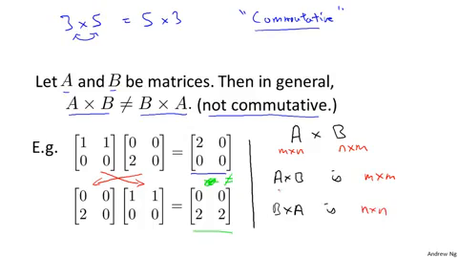So the dimensions don't even match. A times B and B times A may not even be the same dimension. In the example on the left, I had all 2 by 2 matrices, so the dimensions were the same, but in general, reversing the order of the matrices can even change the dimension of the outcome. So matrix multiplication is not commutative.